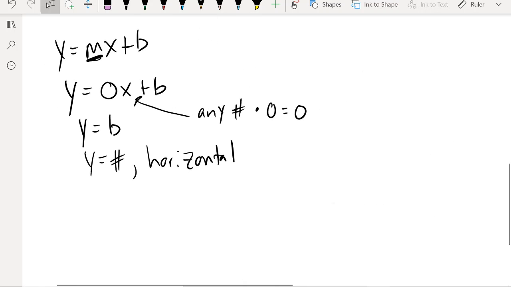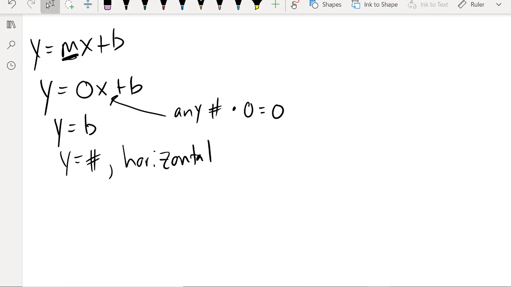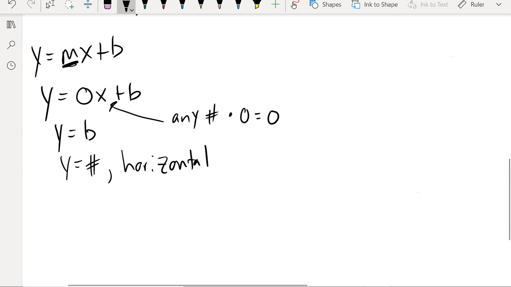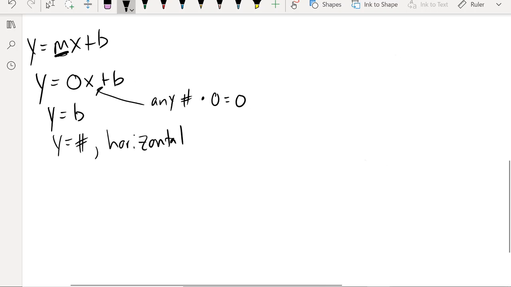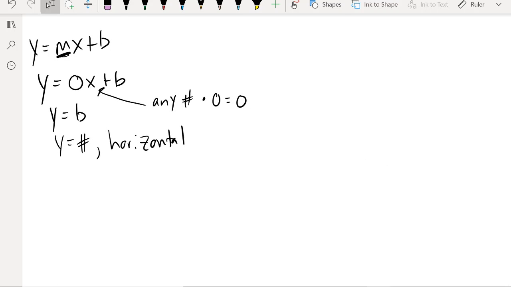Here's my analogy of just plugging in 0 for your slope. Now, this one's a little harder to do, so it's a little more confusing, so that's why I'm going to save it for last, because you don't need to know this to figure out why it is what it is. But if you're looking for another reason why, here's something else you can do.